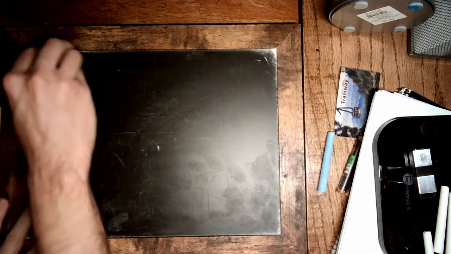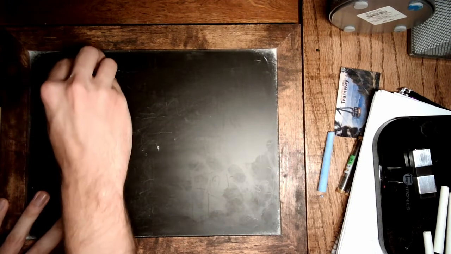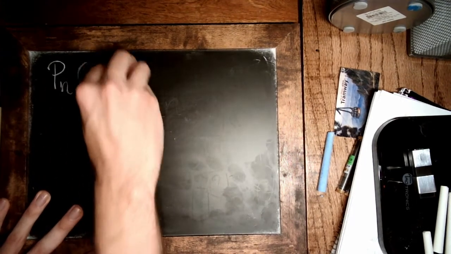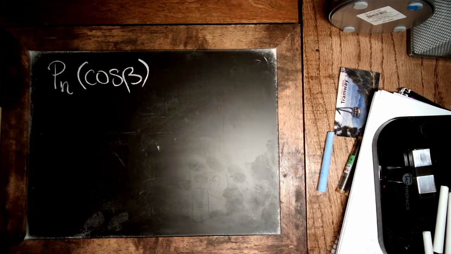Now, how can we introduce these Legendre polynomials into our definition? The Legendre polynomials are named P sub n of whatever argument you choose.